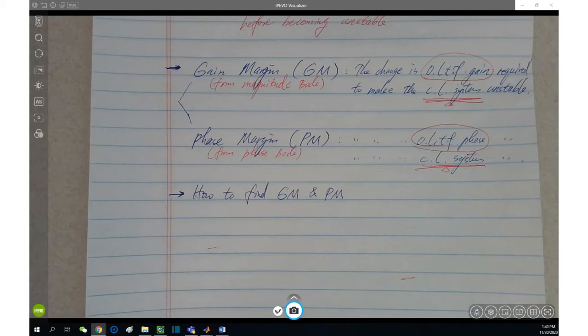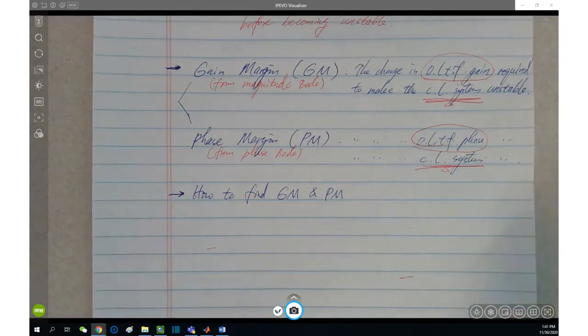You can't use the closed loop Bode plot to find a gain margin. If this is too hard to imagine, let's go on to see a specific example. Maybe it makes more sense. At the beginning here, without visualizing it, probably it's not easy to see what it means. Okay, let's go over an example, but later.